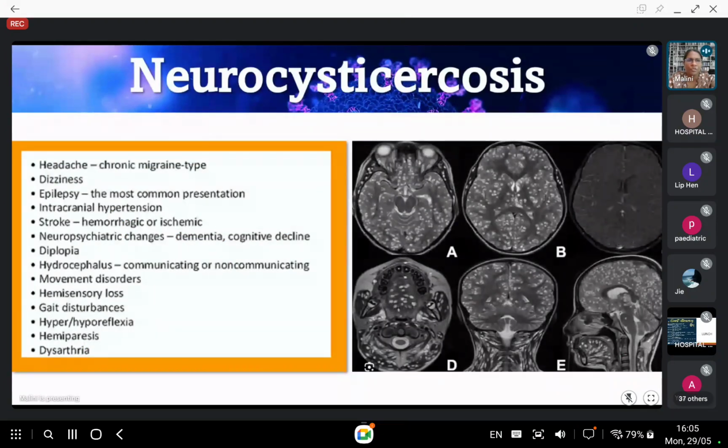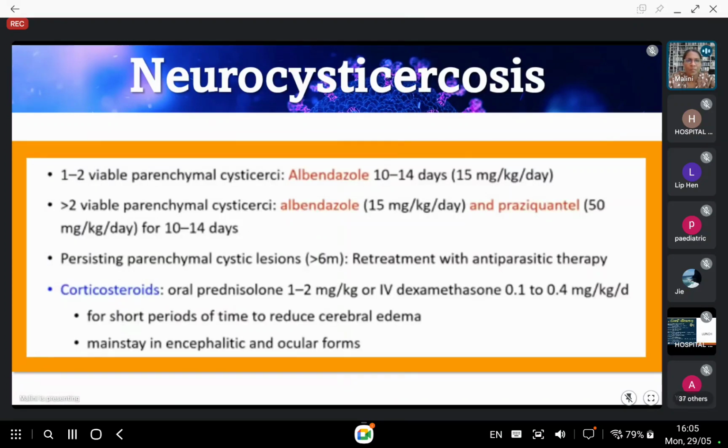If you look worldwide, it is one of the most common infective causes of epilepsy. It has a varied presentation, and you can see a really horrible looking neurocysticercosis in the brain. Treatment is with albendazole.